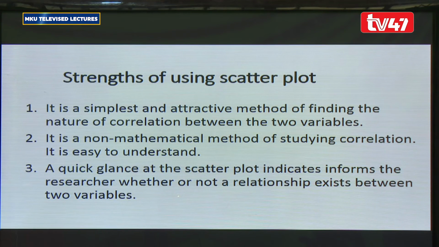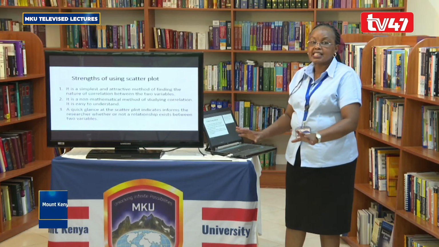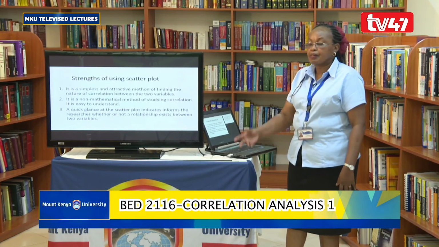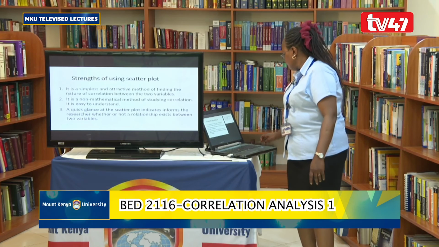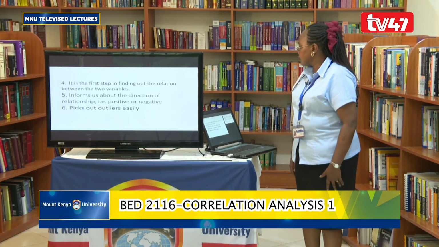Next, looking at the scatter diagram or scatter plots, we are able to see whether there's a relationship or not. So using now the correlation, we can put a number on that correlation. But as far as the scatter plot is concerned, we just at a quick check see whether there is a relationship or not between the two characteristics of interest.